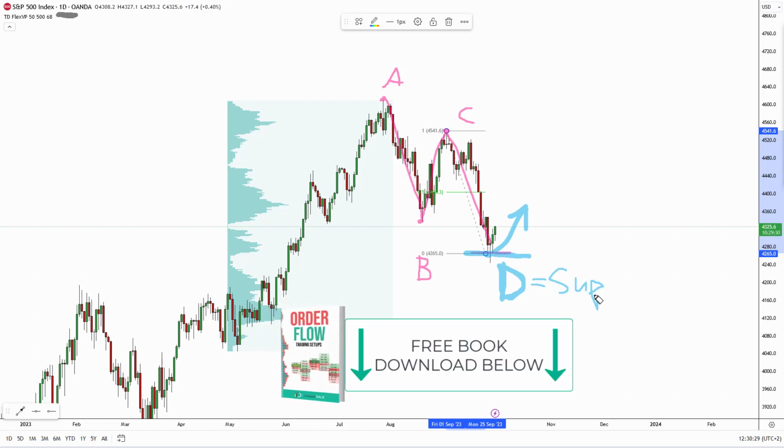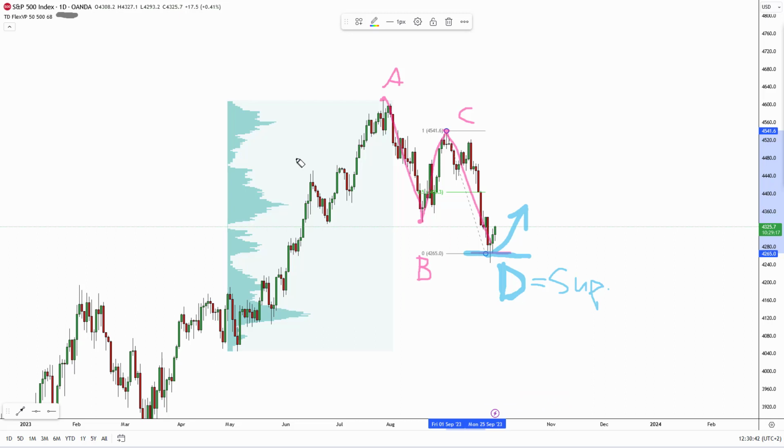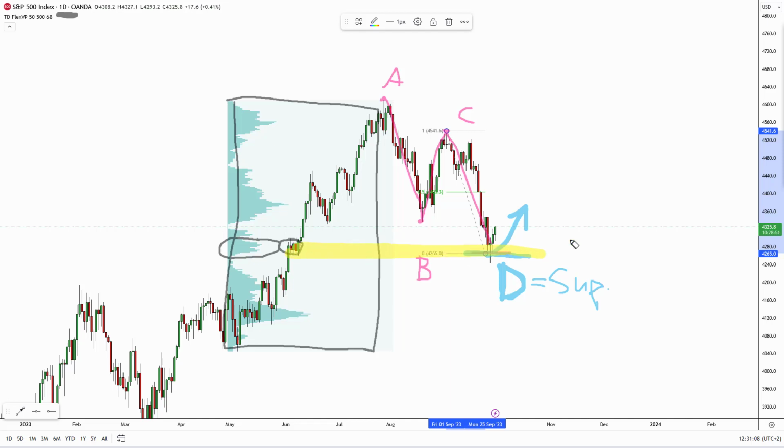So this is the support from which the price is turning very nicely right now. In this case, I also have the volume profile here, and I'm looking into this uptrend area, and what I have in mind is this significant volume cluster, those heavy volumes which got formed in here, and those represent a strong support. This is the support zone.